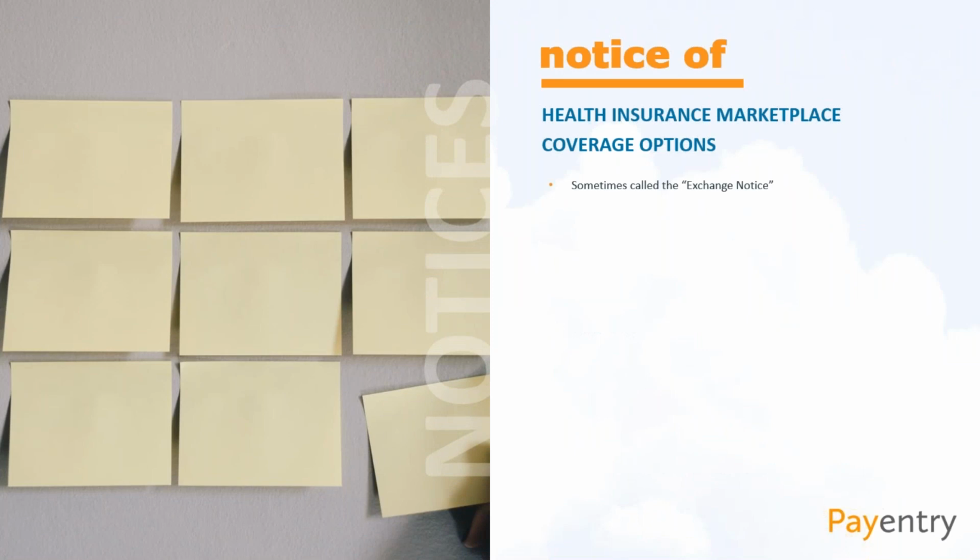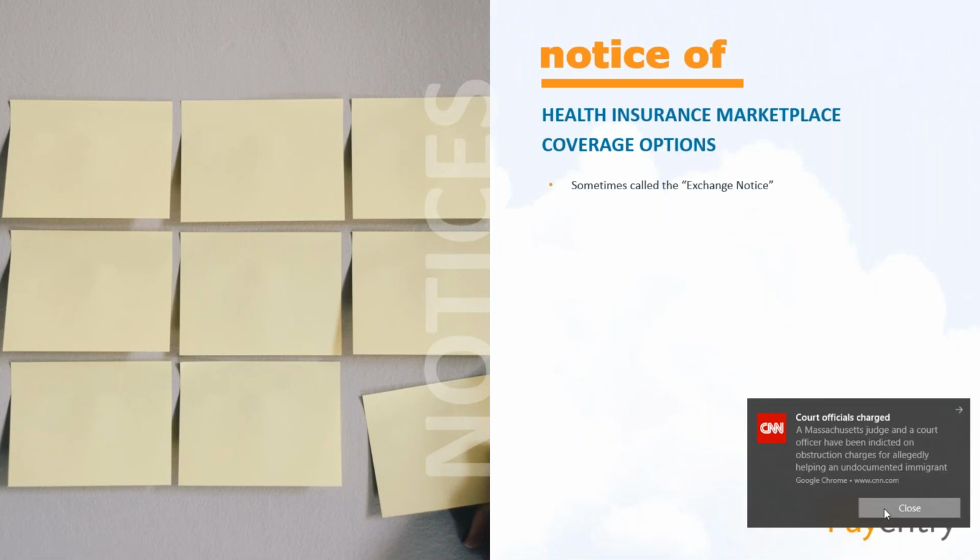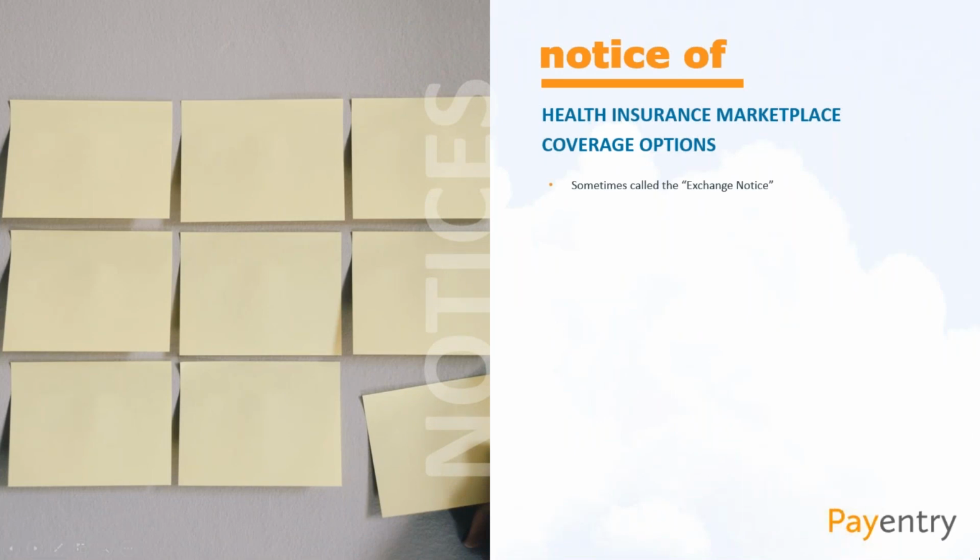The Notice of Health Insurance Marketplace Coverage Options is sometimes called the Exchange Notice. It informs employees of the existence of the marketplace and how to contact the marketplace for assistance in finding healthcare options.